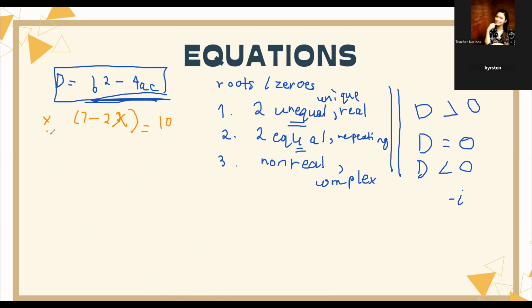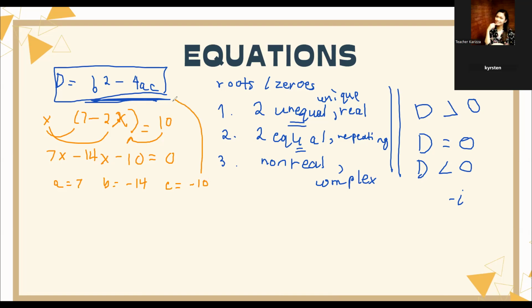So let's simplify. This is 7x minus x times negative 2, 14x, transpose 10, negative 10 is equal to 0. Double check ko lang. Okay. So A is 7, B is negative 14, and C is negative 10.